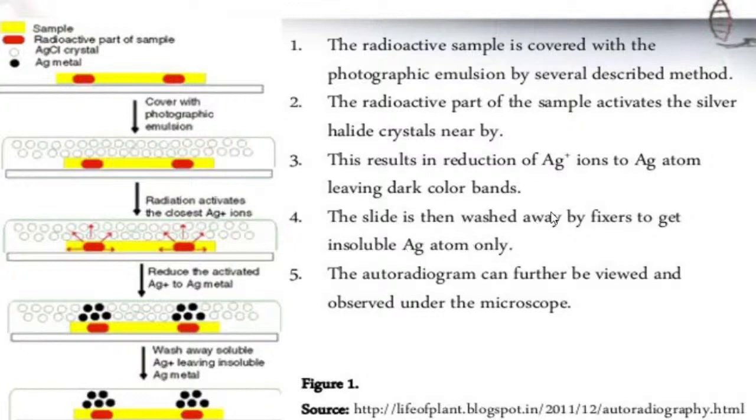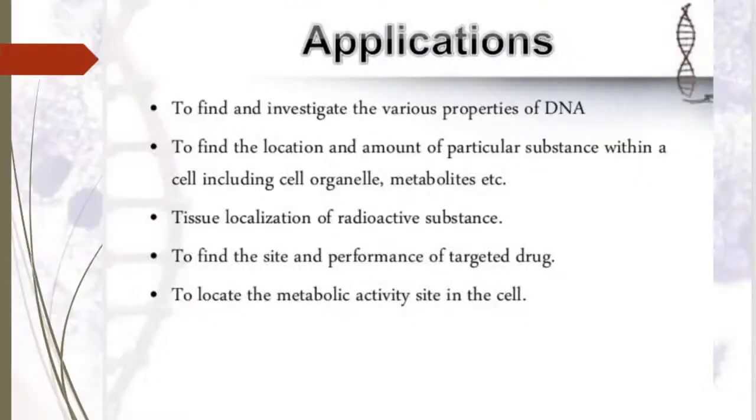The autoradiogram can then be observed under the microscope. So this is a combination of the radioactive method and photographic methods for identification of biosynthesis of protein and gene activity. In application, we can identify the level of DNA, properties of DNA and RNA also.